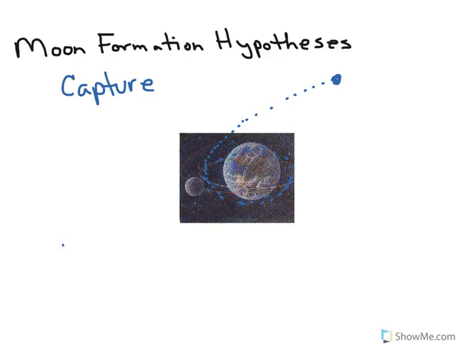Now, in this case, because the moon would have formed someplace completely different, this would predict a completely different composition from the Earth.